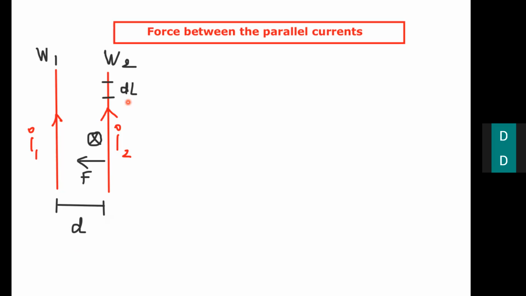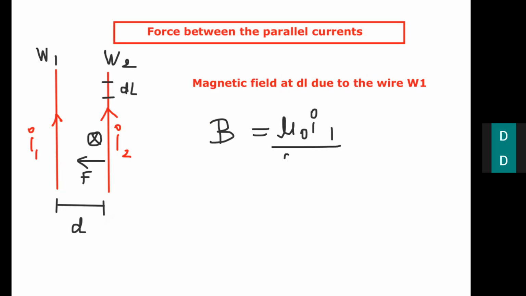The magnetic field at dl due to the wire W1 is going to be B equals mu 0 I1 upon 2 pi d. So this is equation 1.